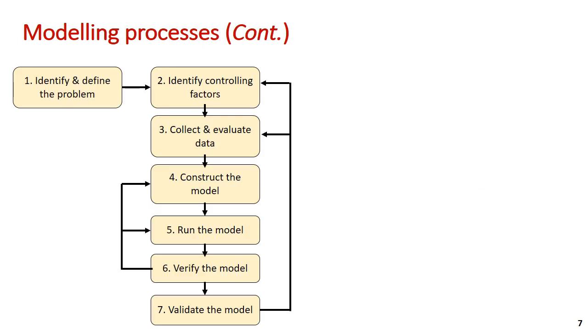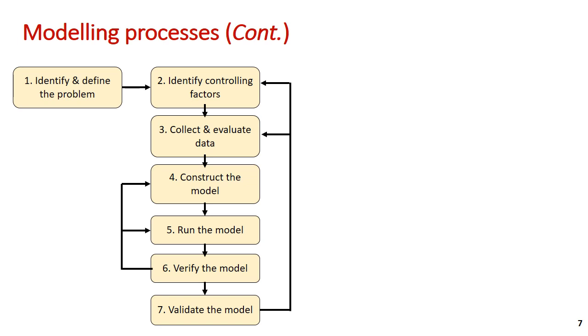To give you more details, modeling involves 7 different processes. It starts with identifying and defining the problem that you are interested in. Then you identify all the controlling factors, all the causes of that problem. And then you start collecting data for each controlling factor.